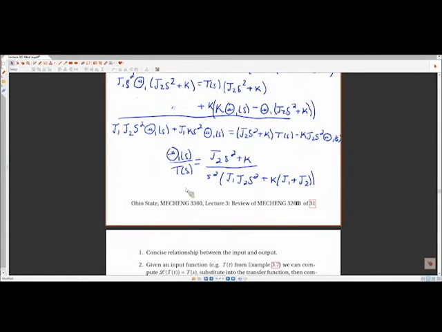So we already found an expression of theta 2 in terms of theta 1. So if we were to plug this back in, we could then also find a relationship for theta 2.